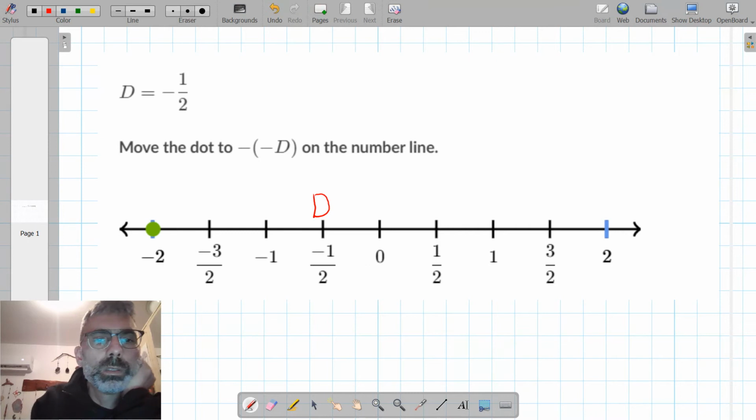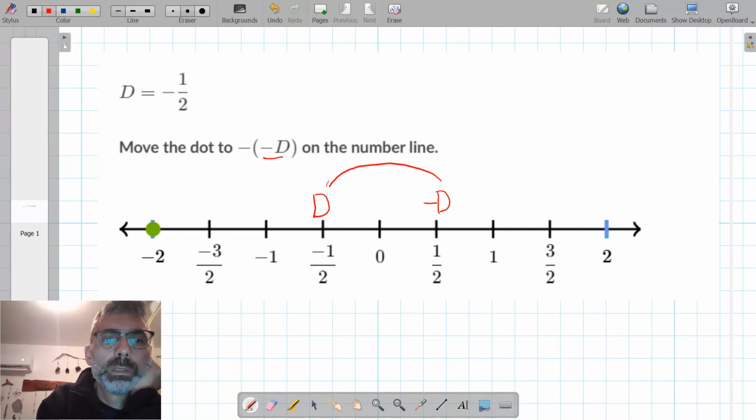Okay, so to evaluate what's in the parentheses, negative D is the same distance from the 0 but to the right of the 0. So this is negative D. And the opposite of negative D, so we are back to D. So the opposite of negative D is back to where we started, which is negative 1/2.